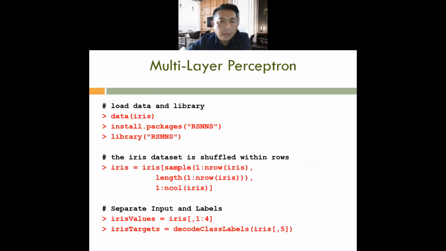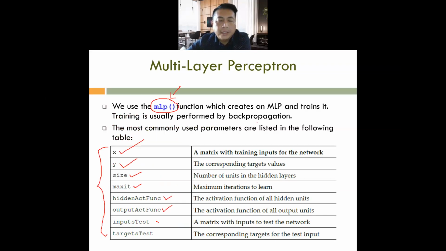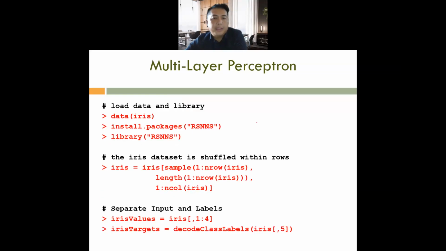Okay, so we will repeat the same thing again. In the previous example, we only used a simple perceptron, but this is how we perform the multi-layer perceptron. For the iris dataset, we take a sample, and we separate the input and the label.